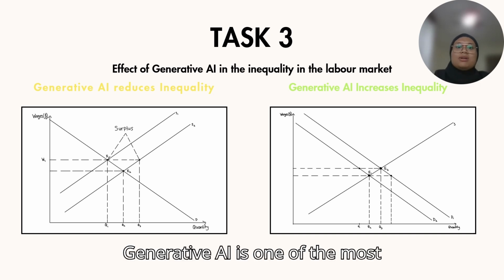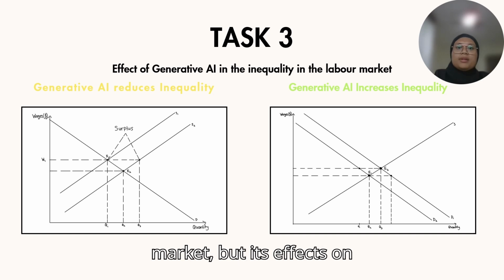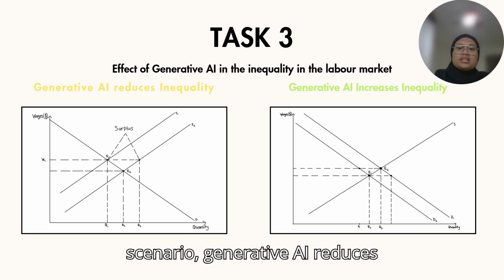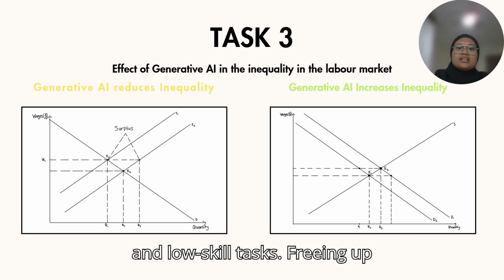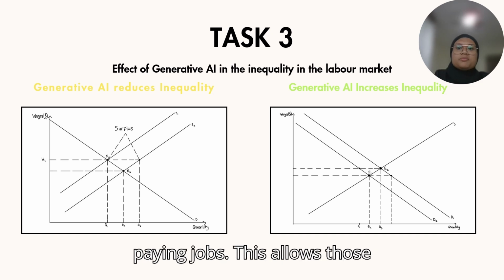Generative AI is one of the most transformative forces in today's labor market, but its effects on inequality are twofold. In one scenario, generative AI reduces inequality by automating repetitive and low-skill tasks, freeing up workers for more complex and higher-paying jobs.